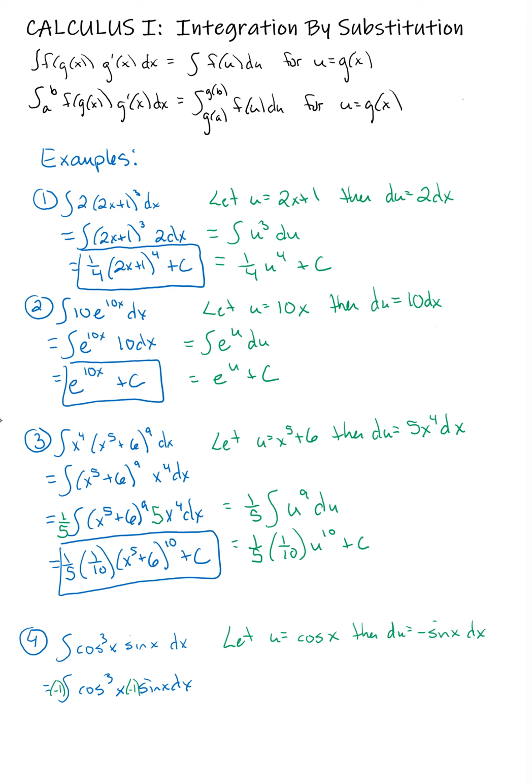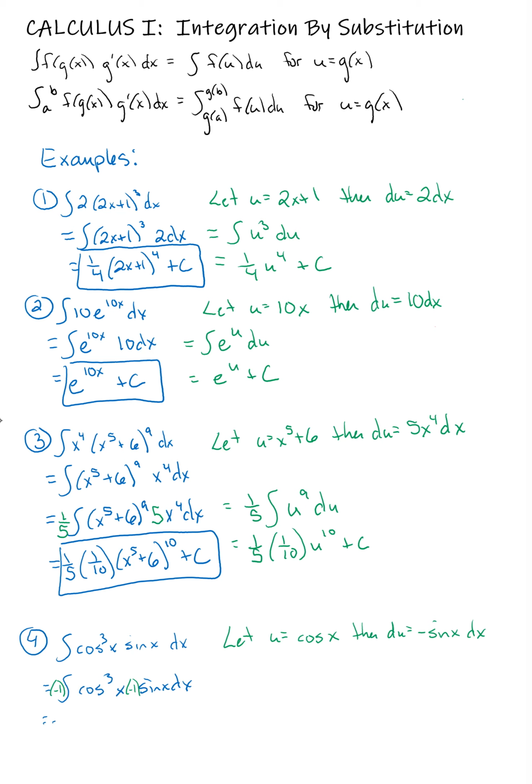All right, so now I think we've got everything. Notice I've got u here, there's u, cosine. Actually, let me write this one more time just so we can see.